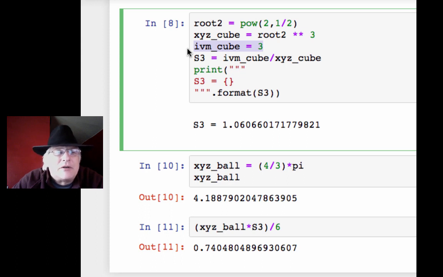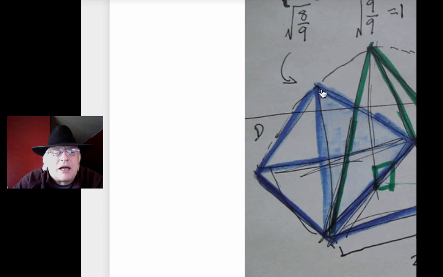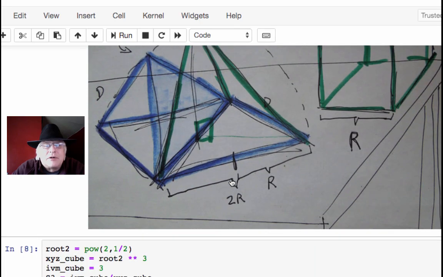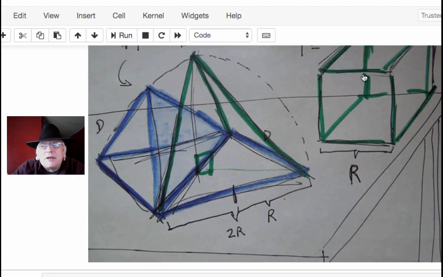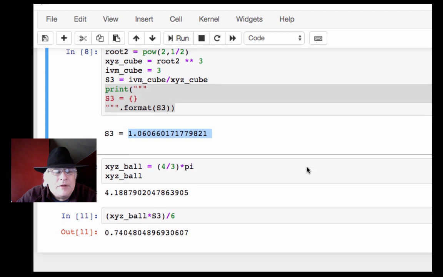And it's the ratio of those two that gives us what's called the synergetics constant that we use to go back and forth at the volume level. We sometimes call that S3. And here's its numerical value, right? 1.06066, whatever. Which means you'd want to multiply the volume of the little guy here, the blue tetrahedron, by that S3 number to figure out its volume in the bigger one, right?